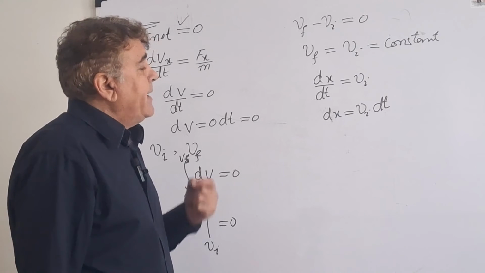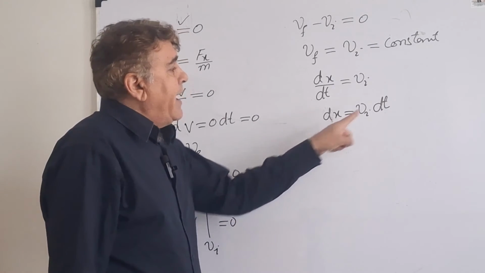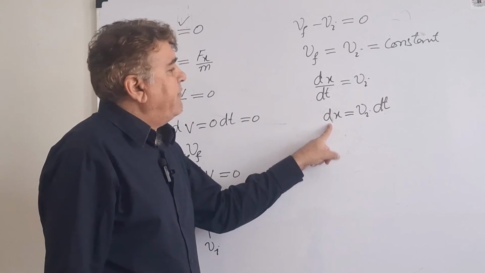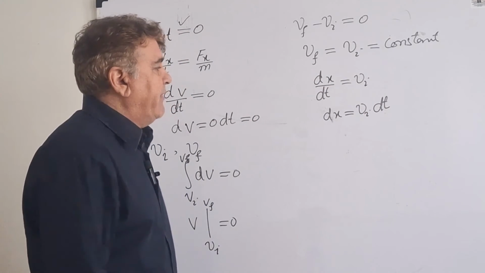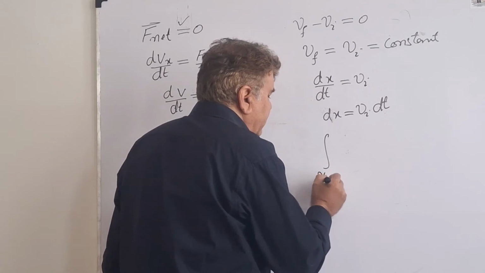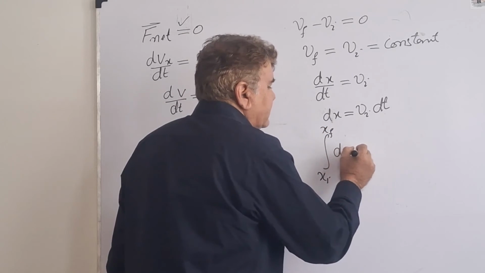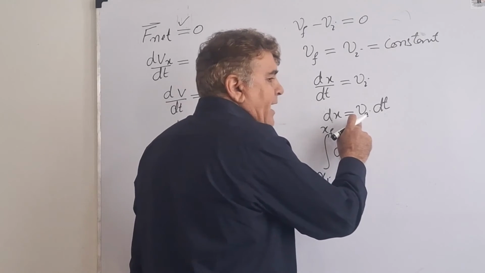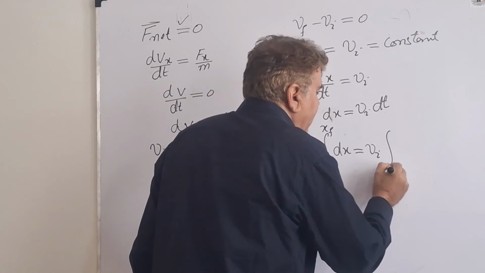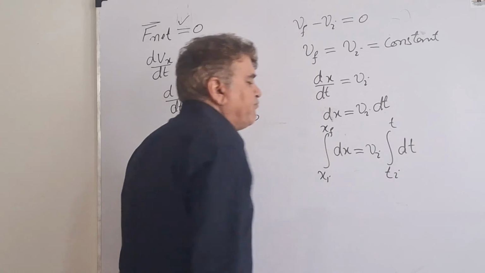I suppose that the initial position of the particle is x sub i at initial time t sub i, and x sub f at final time t sub f. Then integrating this relation, I can write the integral from xi to xf of dx equals, since Vi is constant, Vi times the integral from ti to tf of dt.